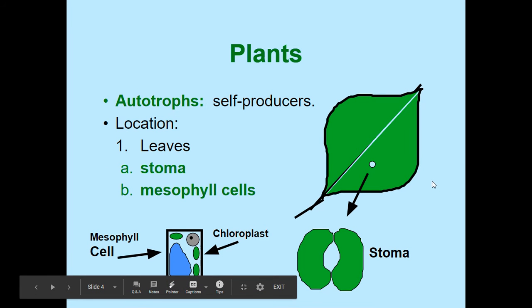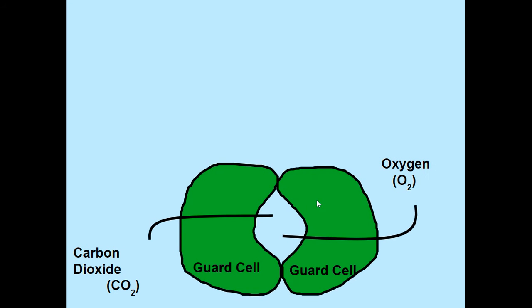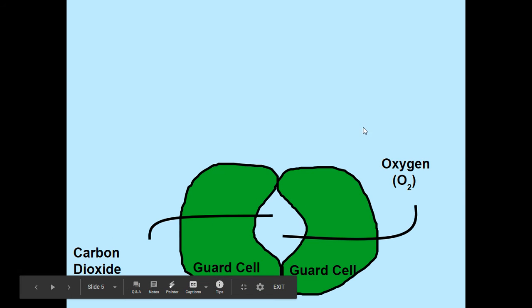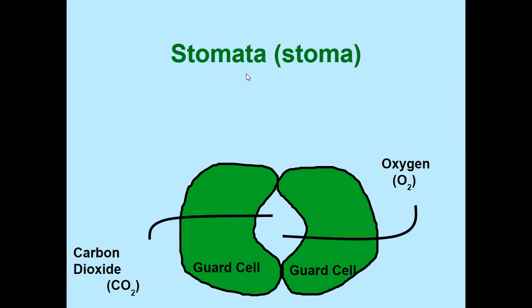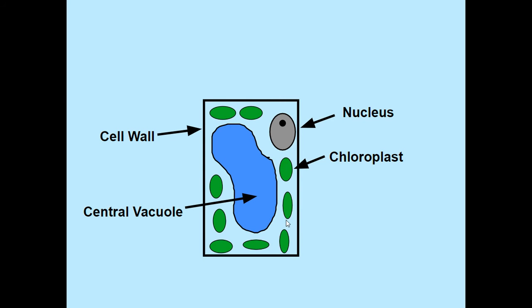So going back over everything, photosynthesis happens in plants, specifically when you take a look at your leaves. You take things in, carbon dioxide and water, in through the stoma or the stomata, and you deliver those to the plant cell.